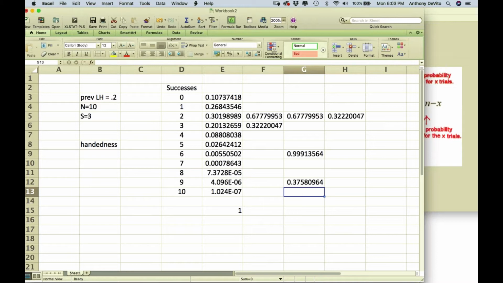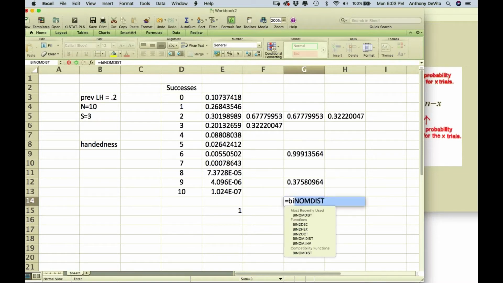If I were to ask you what's the probability of getting more than 5? More than 5 does not include 5. So in that case, I would say 5, comma, 10, comma, 0.2, comma, true, and that would give me the probability for everything 5 and less.